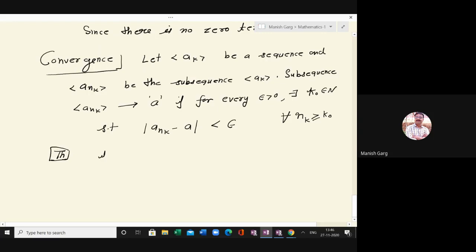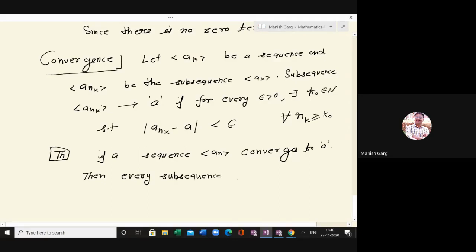What it says: if a sequence a_n converges to a real number a, then every subsequence of a_n also converges to a.